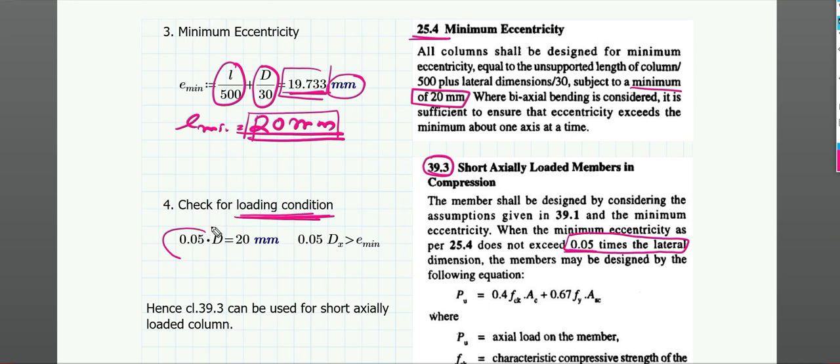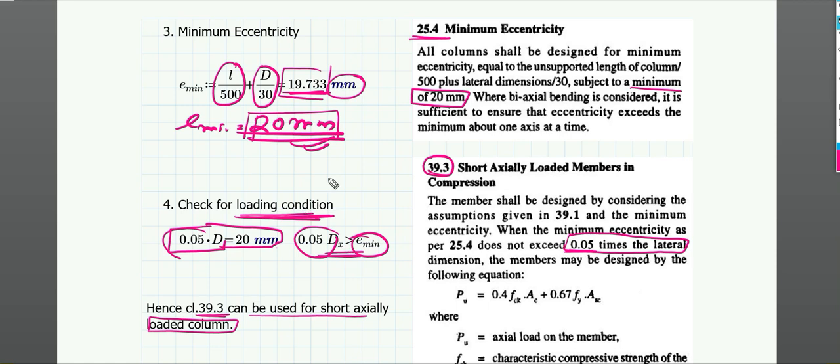So let's find out that value. 0.05 times of D comes out to be 20 mm, and you see both values are equal, that is, 0.05 D is less than or equal to e minimum, so it is okay. Hence clause number 39.3 can be used for the short axially loaded column.